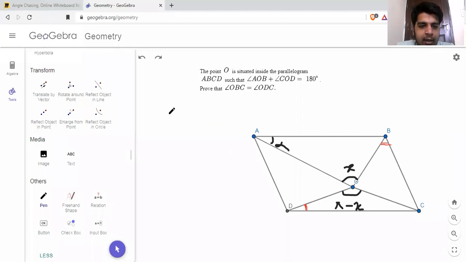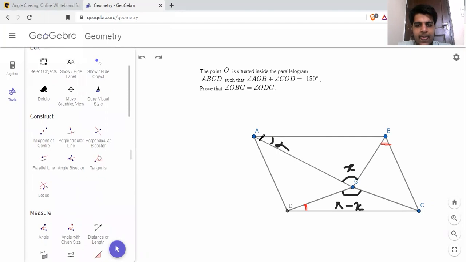You know that in a cyclic quadrilateral, let's say this is some random cyclic quadrilateral, this angle plus this angle, the opposite angles, sum up to 180 degrees. That's the same thing we will use here. Now to use that, since ABCD is a parallelogram, AB equal to CD.